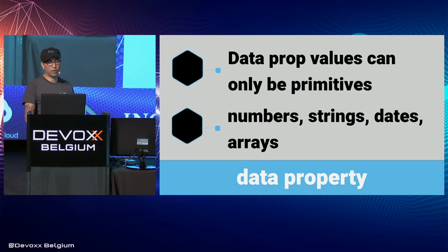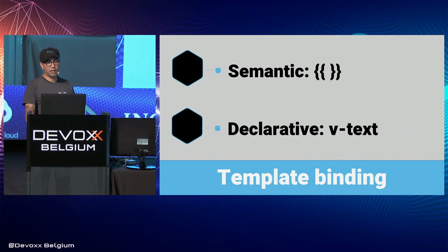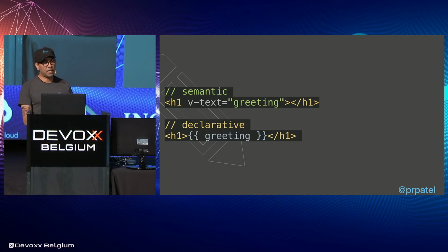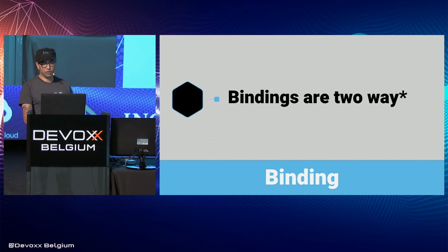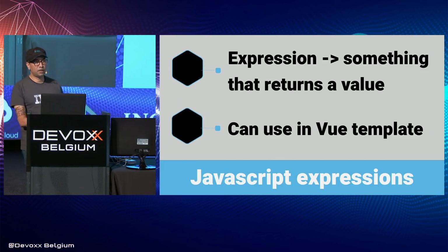That's numbers, strings, dates, arrays, etc. We looked at binding as well, semantic binding versus declarative binding. So when we use the double curly braces, that is semantic versus declarative binding. We looked at the difference between v-text and v-html. And we didn't really get into expressions too much, but maybe we have time to look at an expression as well.